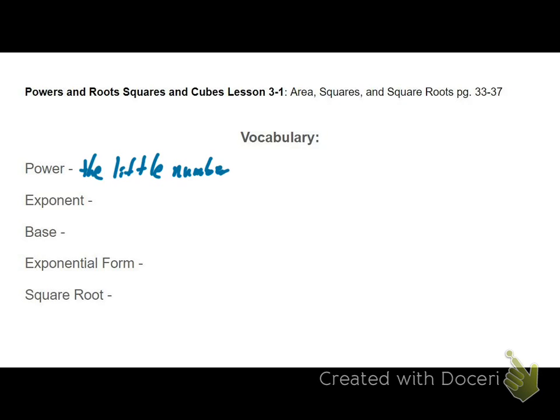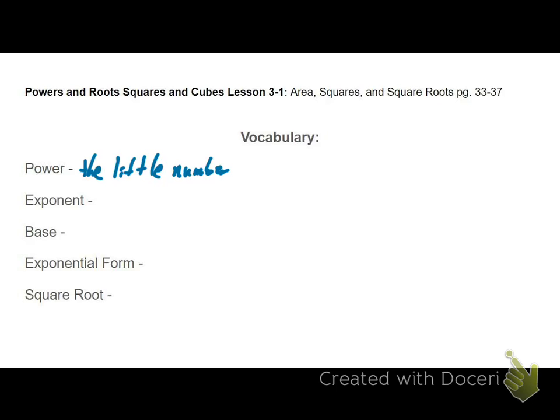So a little number. What does the little number do if it's power? It multiplies it that number of times by itself. Can you clarify that a little bit better?